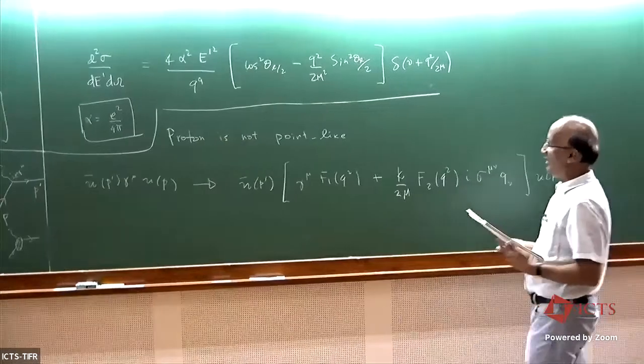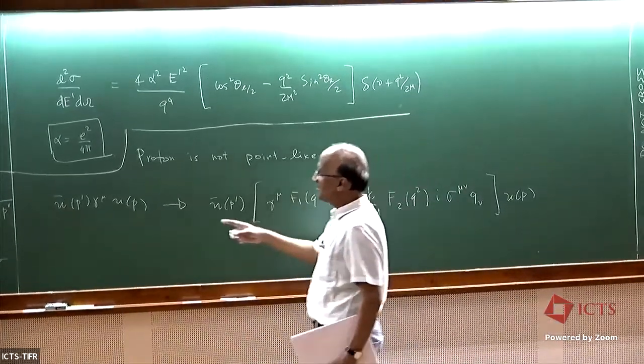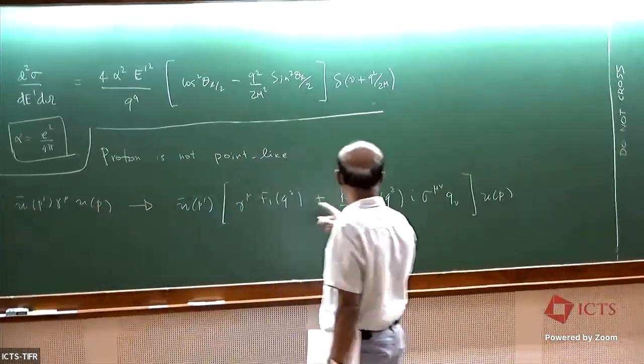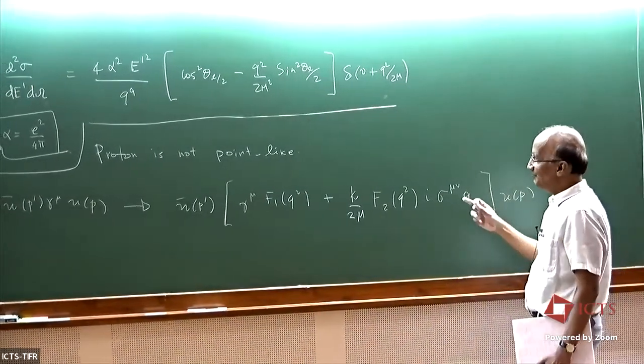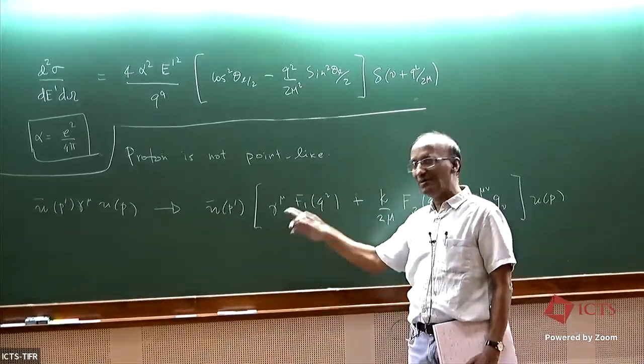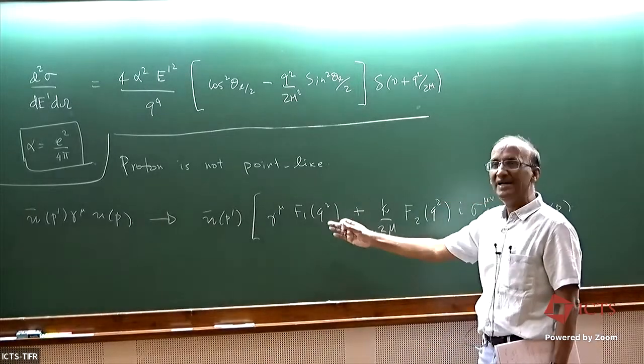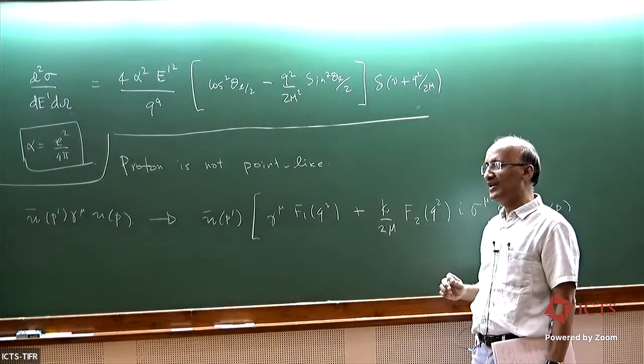Let me explain what it means. I replace this gamma mu by a couple of terms. One is proportional to gamma mu itself, with some coefficient f1.